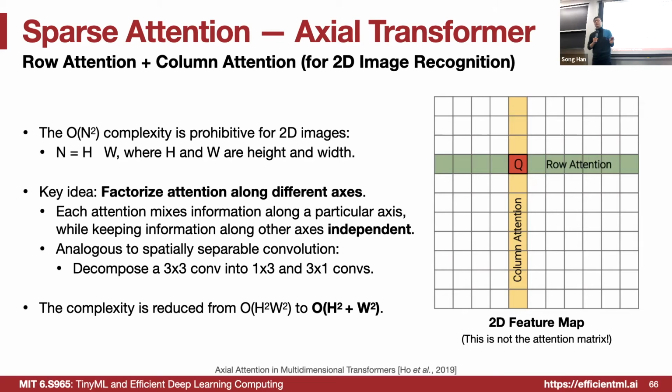So we can do them separately so that the total complexity is no longer (hw) square, but h square plus w square. So the idea is to factorize the attention along different axes. In particular for image, that works since image is 2D. For video, that works, video is 3D, to reduce the complexity from (hw) square to h square plus w square.